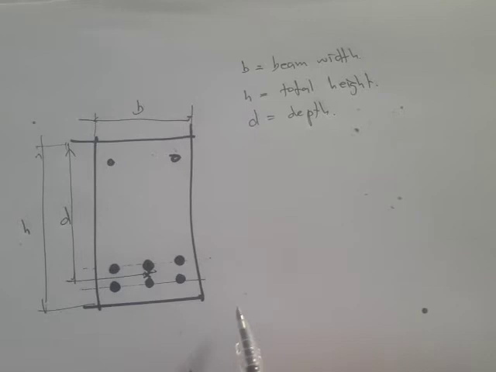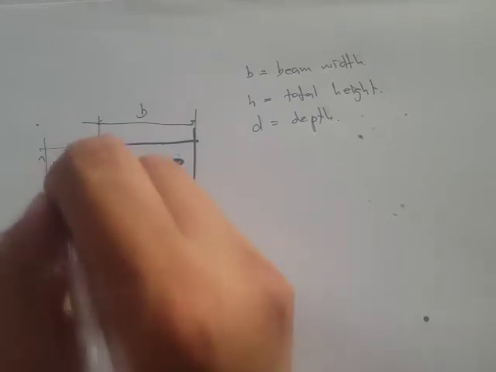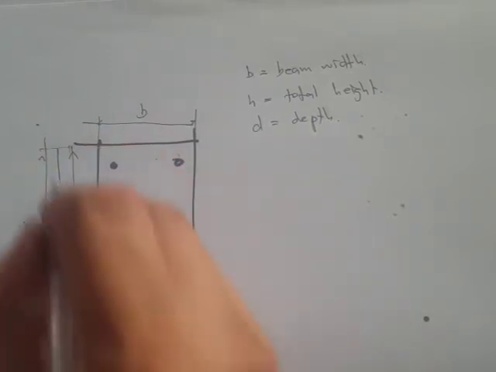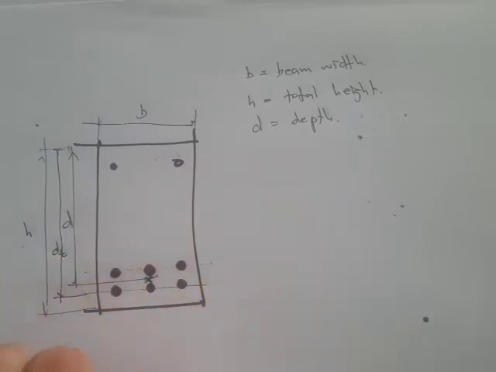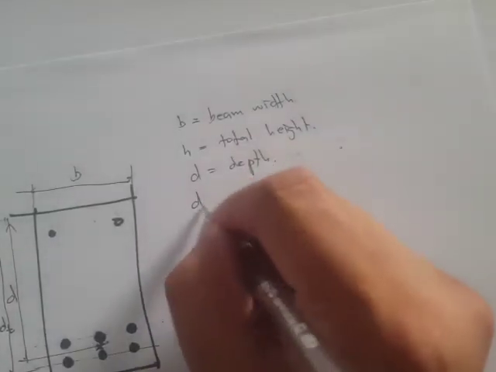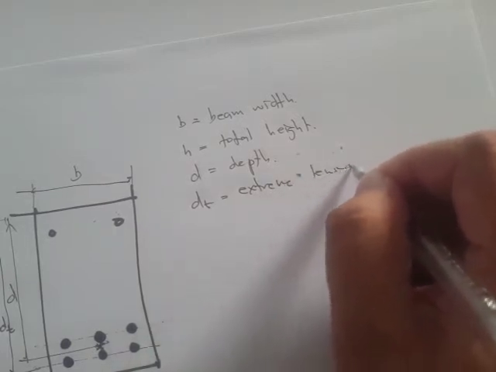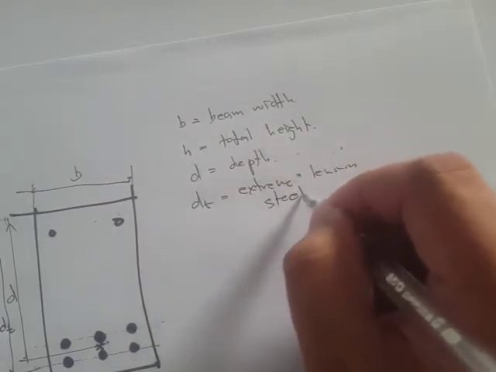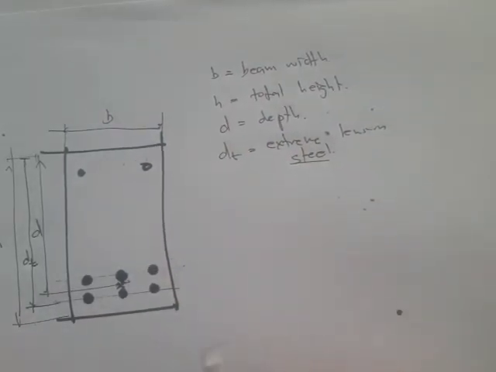And from this, since we have two layers, the outermost steel member, that's actually d sub t, the depth subscript with letter T. Okay, so that's the extreme tension steel.